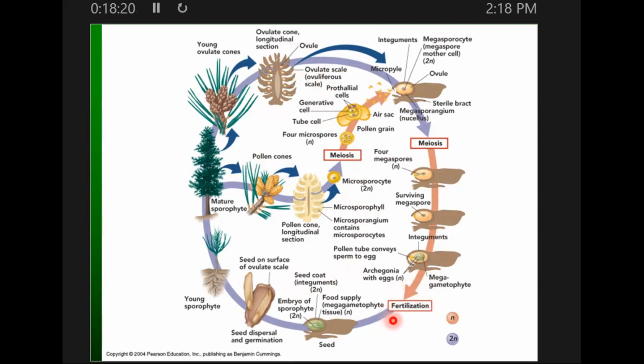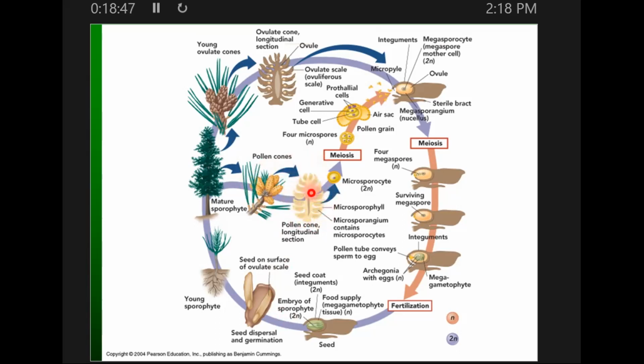That's when the pollen will have gotten over to the female cone and the egg and sperm can unite, can fuse. All right. And then if everything goes okay, you'll get the embryo, which is the baby. It's like the baby sporophyte sitting in the seed there. Okay. All protected in that seed. The pollen that some of you may be allergic to, you have to look for the pollen cones.